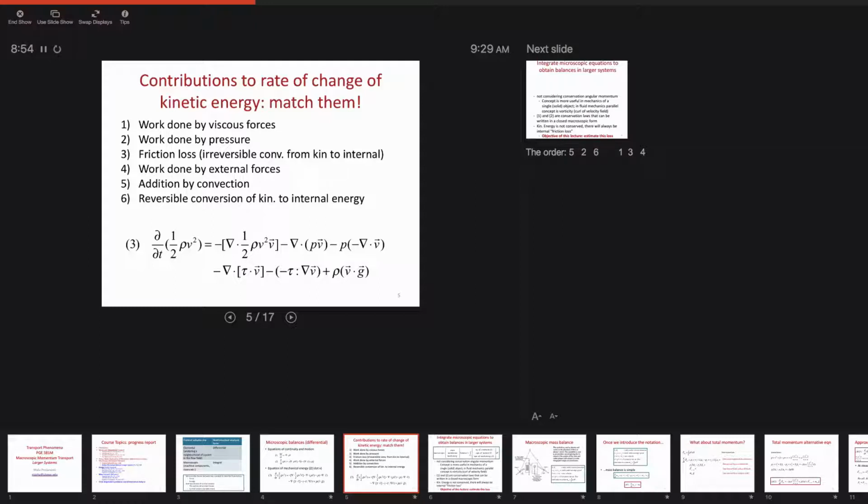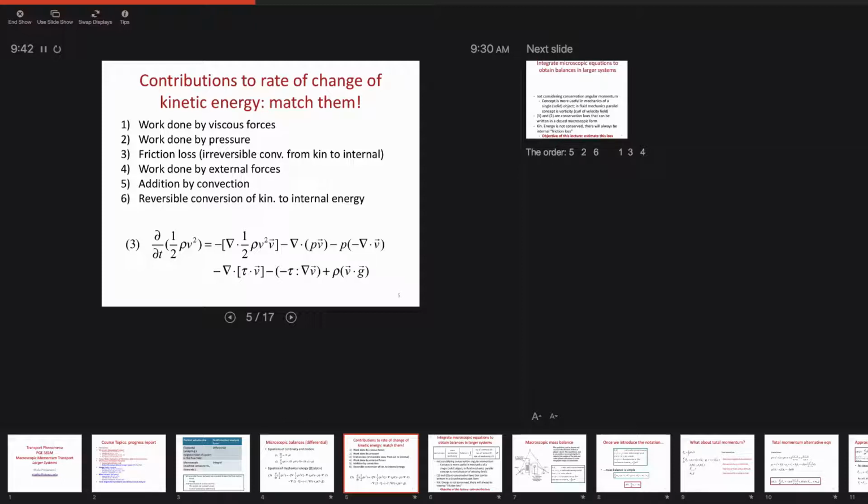It's 1.5 pages. It's not terrible. Do method of elimination.